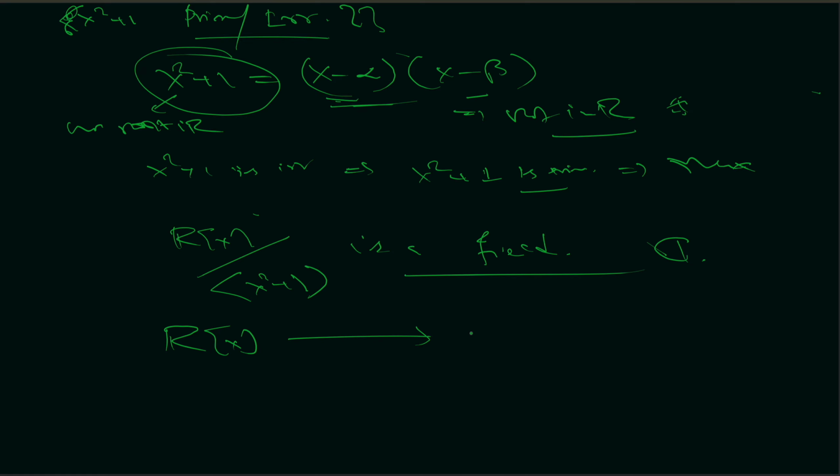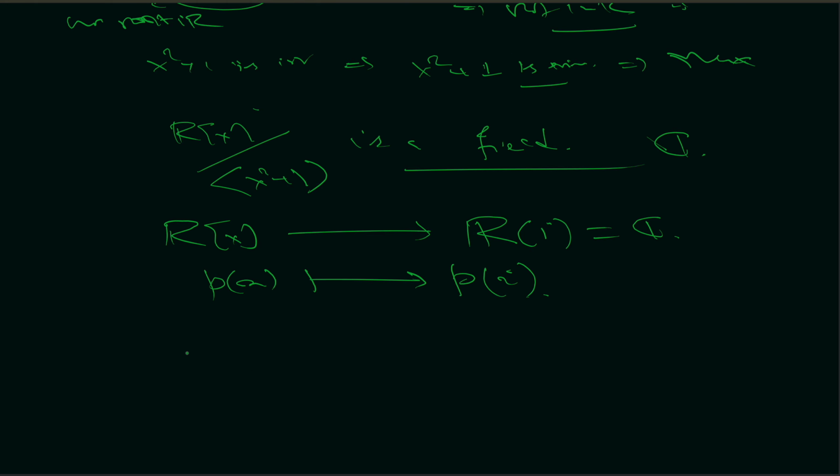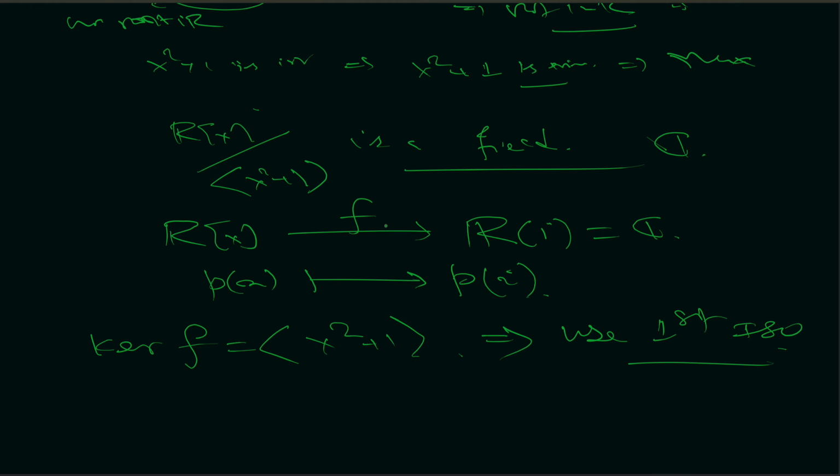You define R[i], which is also known as C. If you take any polynomial p(x), you send it to p(i), then the kernel of f will be the ideal generated by x square plus 1, and by the first isomorphism theorem, and this is going to be an onto ring homomorphism. So that's the proof.